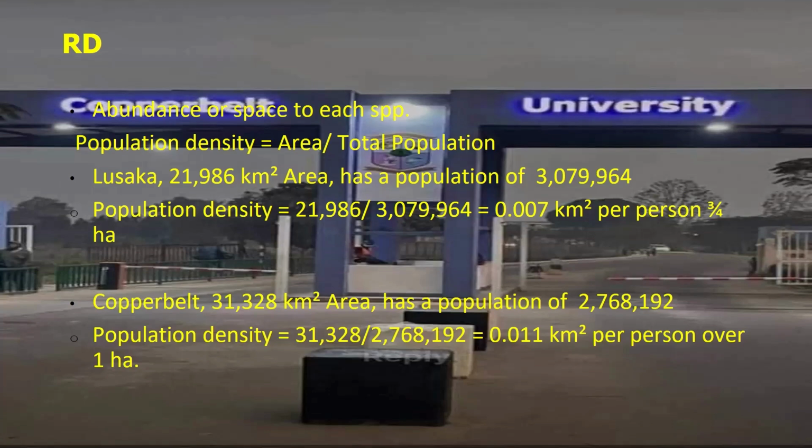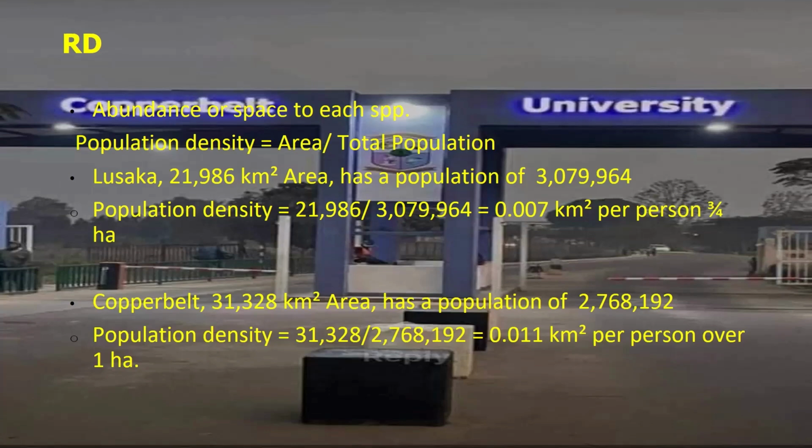For instance, if we want to calculate the population density for Lusaka, we need to know the size, the area extent of Lusaka, and also the population of Lusaka. Then we use the formula: population density is equal to area divided by population. Then we will know how much space on average may be allocated to every individual in Lusaka or in Kitwe.